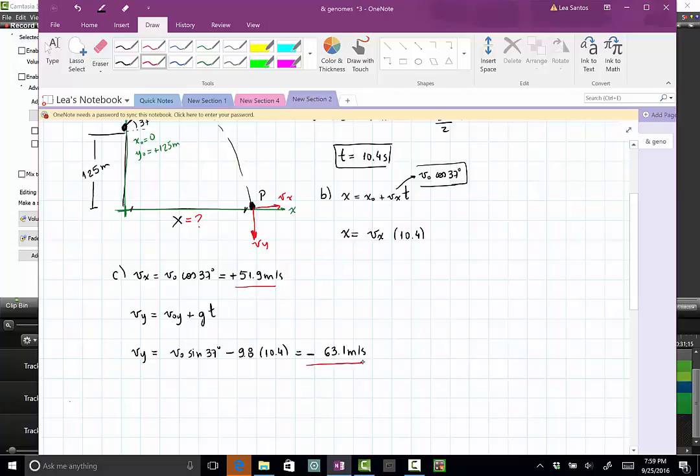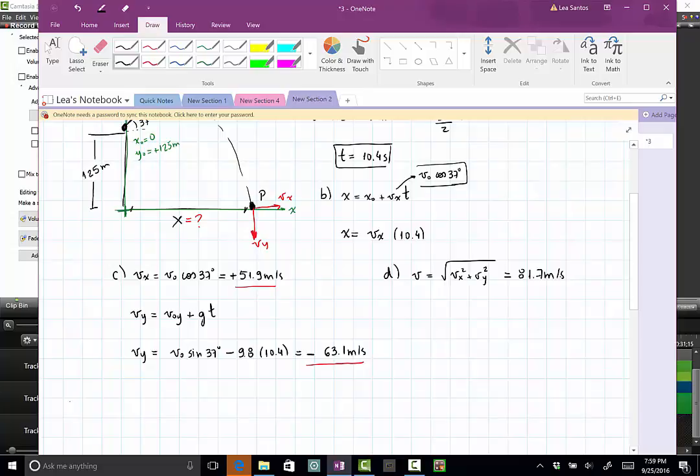Okay, with that we can go to part D, and part D is to find the magnitude of this final velocity. So the magnitude is just this V, which is the square root of Vx squared plus Vy squared. I have Vx, I have Vy, put it here, and we should get 81.7 meters per second.